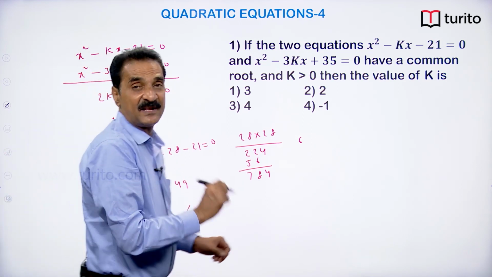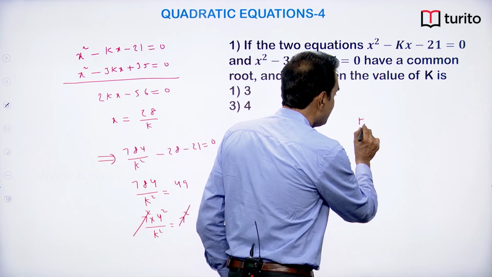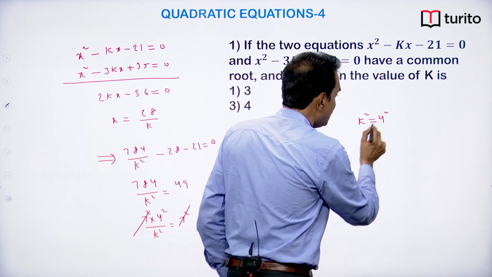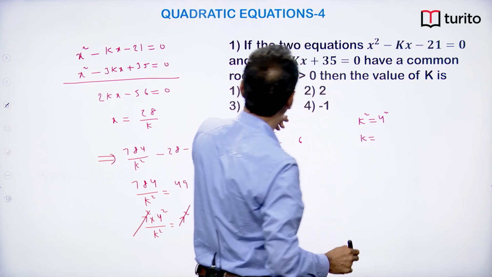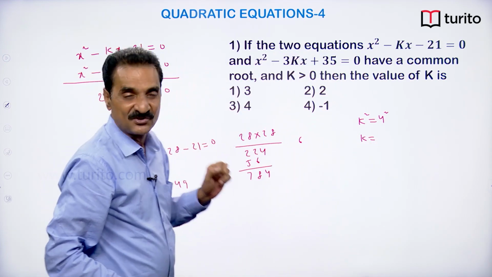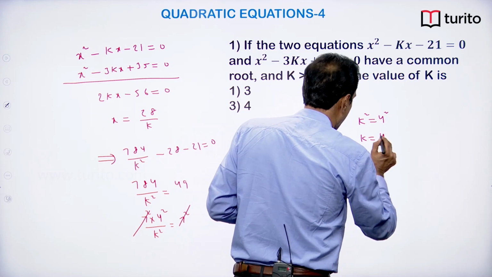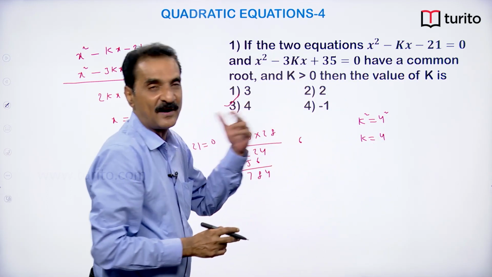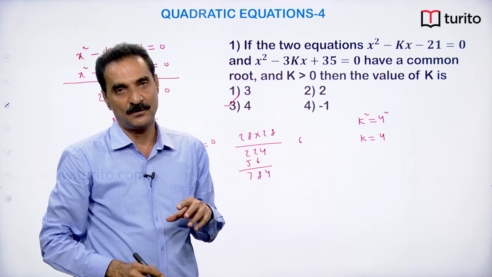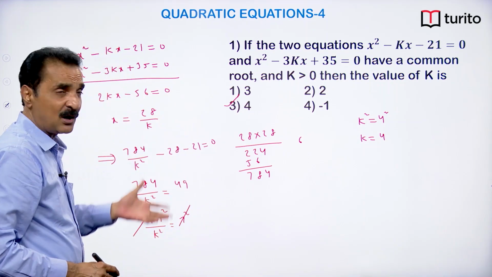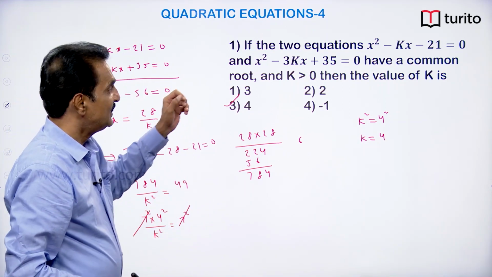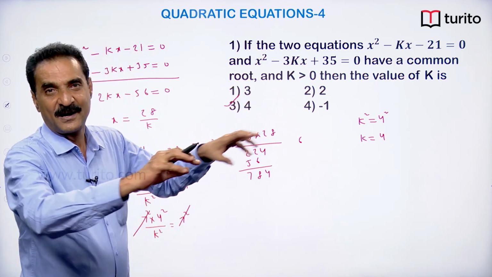So we get k square is equal to 4 square, then k is equal to, given that k is positive, so I have to take the positive square root, so k is equal to 4. Otherwise you will get two values, k is equal to plus 4 or minus 4. So this is how we solve the questions and you can avoid that long condition.